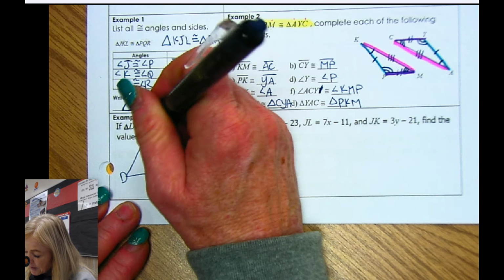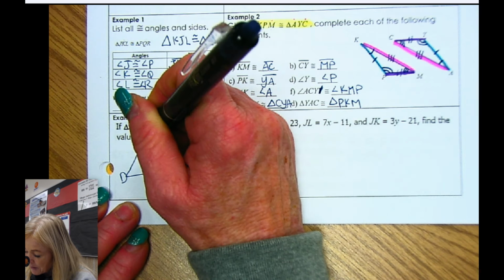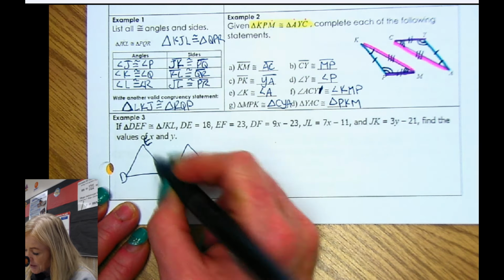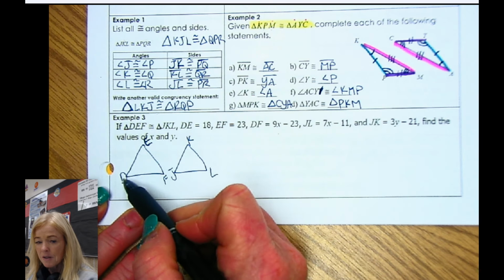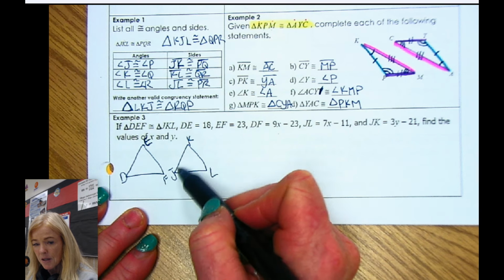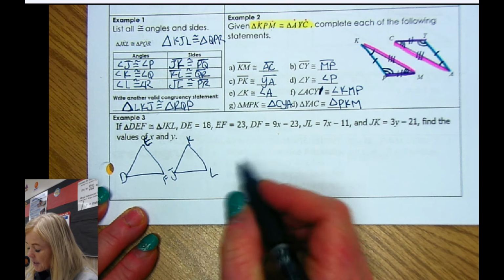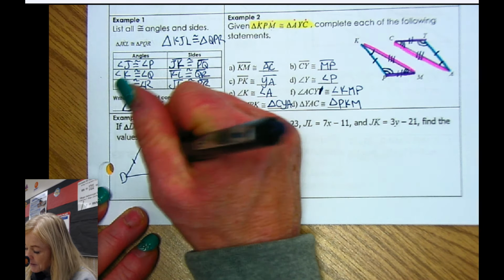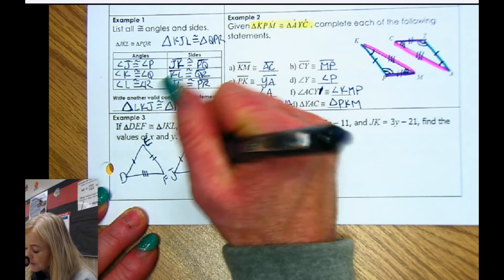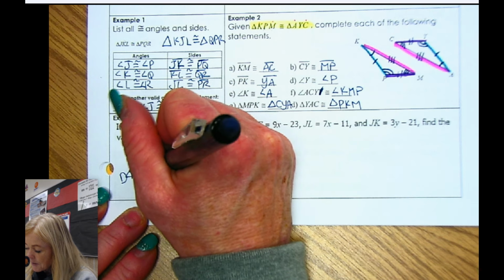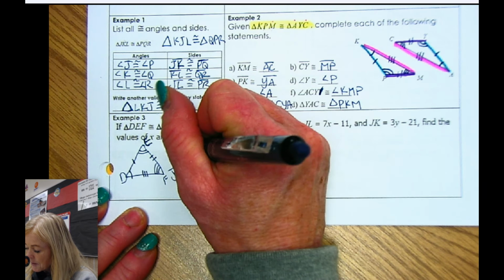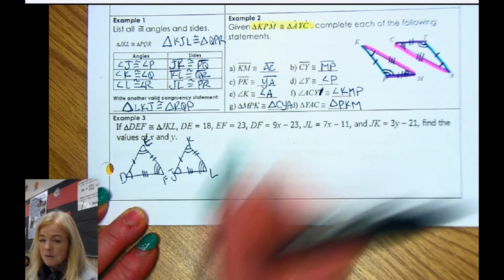So DEF, and I would put them in the right orientation, DEF, and then JKL. See how I started down, up, down, JKL in both cases. That allows me to say, oh, these 3 sides correspond to these 3 sides, and these 3 angles correspond to these 3 angles, which is a lot easier.